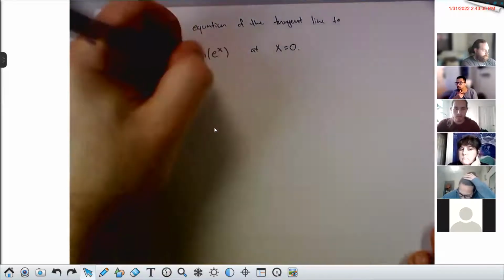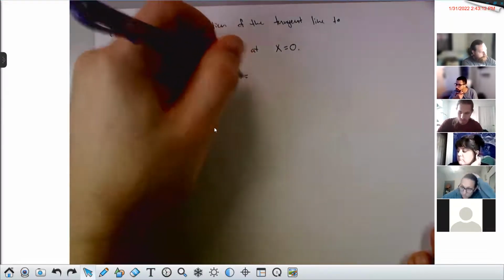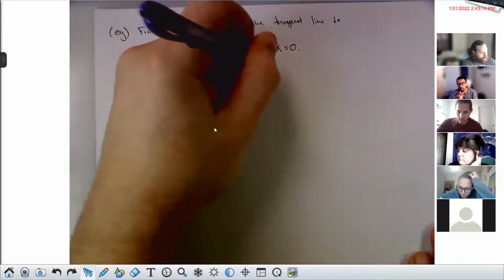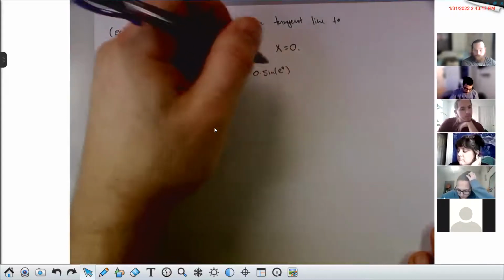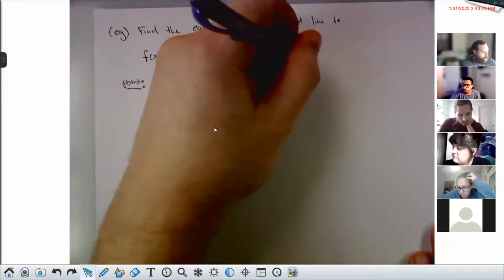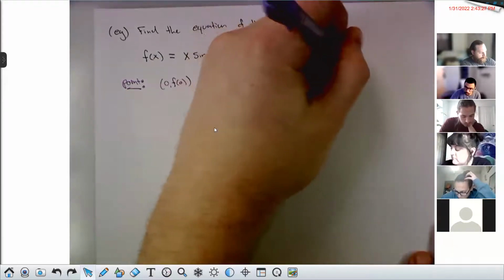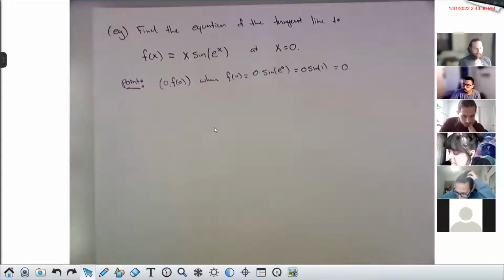F of 0 would be 0 times the sine of e to the 0, which is 0 times the sine of 1. The sine of 1 is an unpleasant number, but when you multiply anything by 0, you get 0.